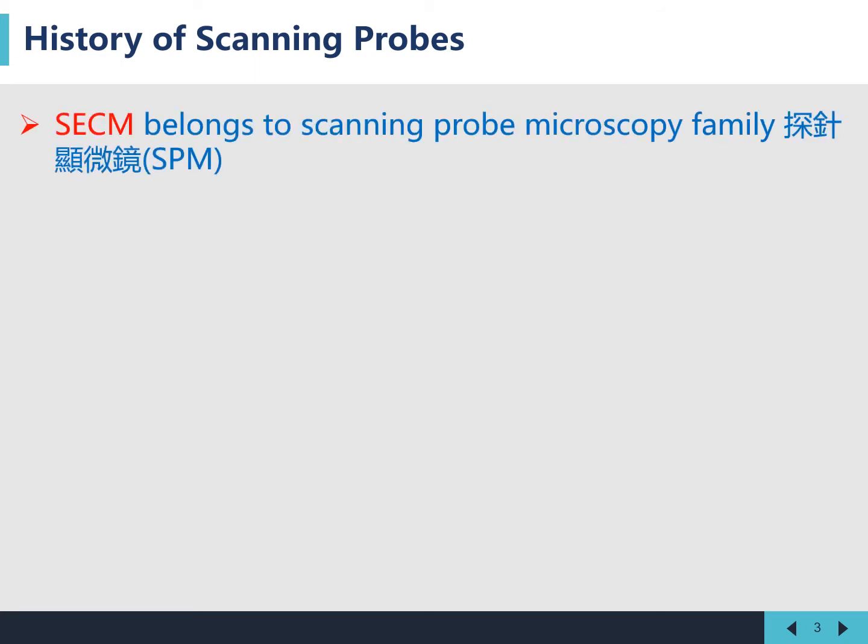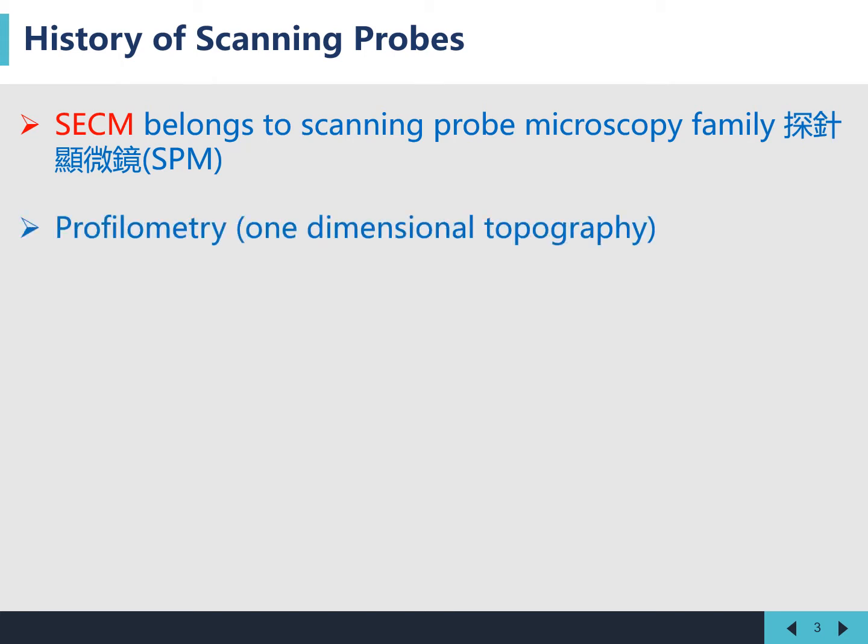SECM belongs to the scanning probe microscopy family. The ancestor of SPM is profilometry. It provides the information of one-dimensional topography. For example, atomic force microscope (AFM) evolved from profilometry.